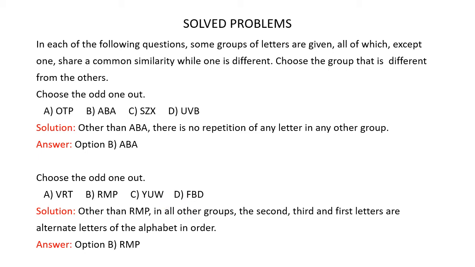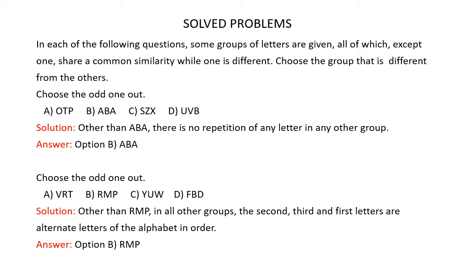When you look at these four groups of letters, you'll see that other than RMP, in all the other groups, the second, third, and first letters are alternate letters of the alphabet in order. That is, in option A, R, T, and V are alternate letters.